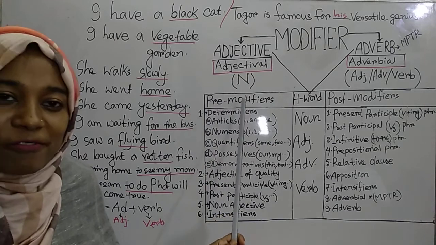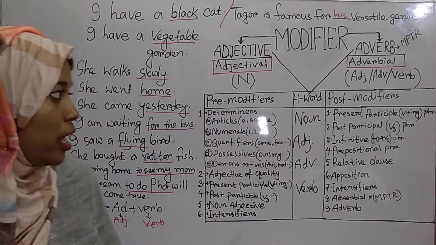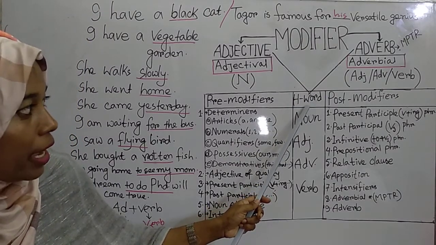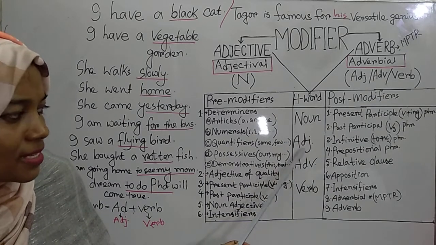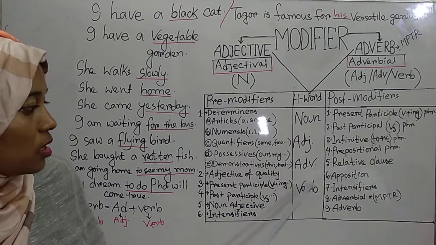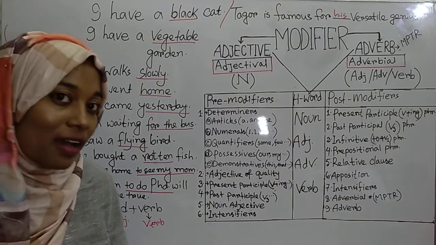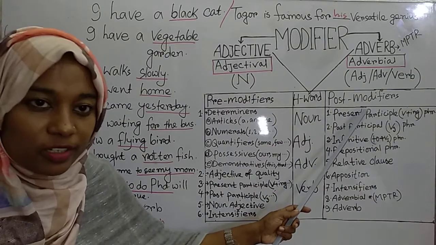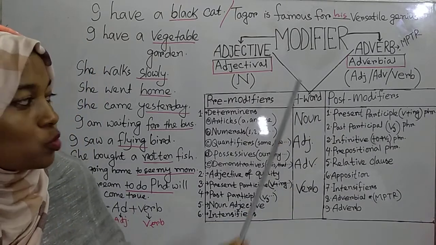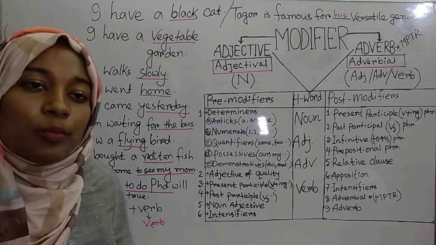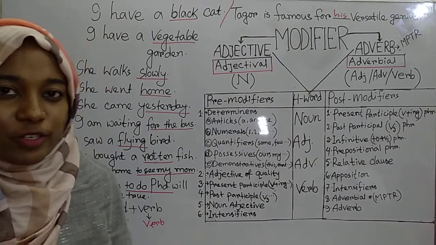Pre means before. The modifiers which are used before the head words like nouns, adjectives, adverbs, and verbs are called pre-modifiers. On the other hand, the modifiers which are used after the head words are called post-modifiers, because post means after.